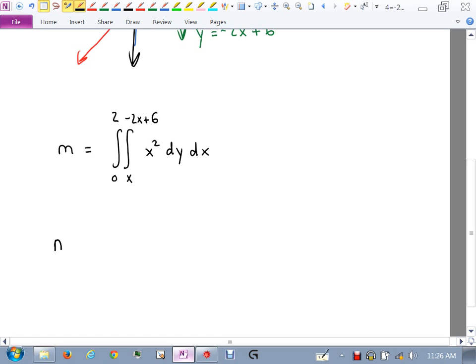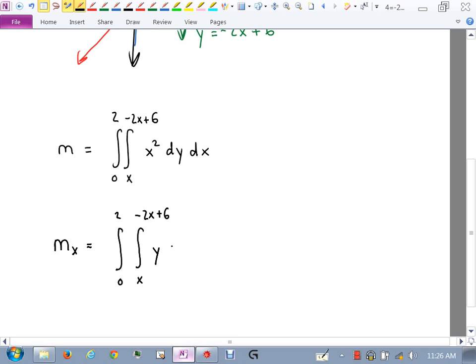I'll figure that out with Mathematica in a second. The moment about the x-axis is the same integral, right? With one little thing added. If you do the moment about the x-axis, you multiply by y. It's opposite of what you think, but just think about it. That's the axis. You want to go up to the region, so that distance is y.